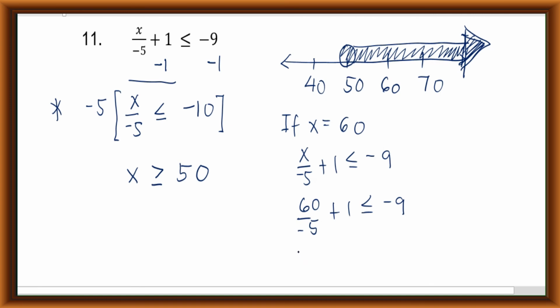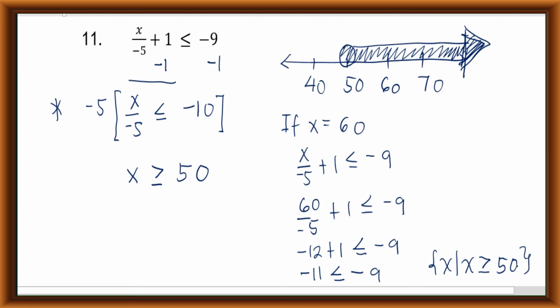So this is negative 12 plus 1. Is it less than or equal to negative 9? Clearly, negative 11 is less than or equal to negative 9. So therefore, this is correct. So our solution set is x such that x is greater than or equal to 50.